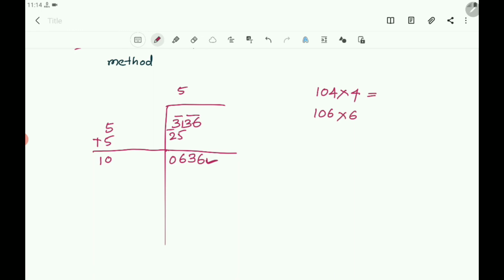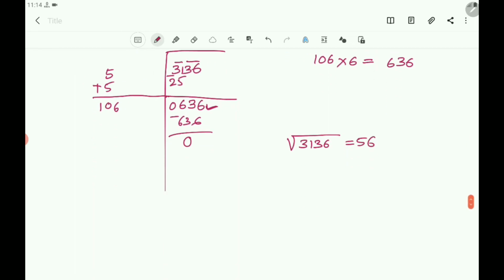The product of 106 into 6 is 636. So you put 6 here, and the product is 636. You subtract it and get 0. 636 minus 636 is 0. Then what is the square root of 3136? The square root of 3136 is 56.